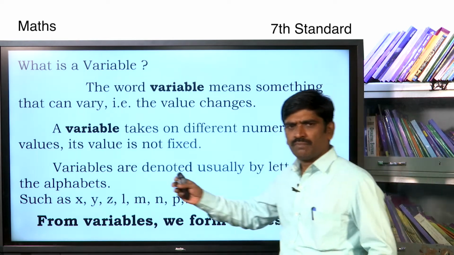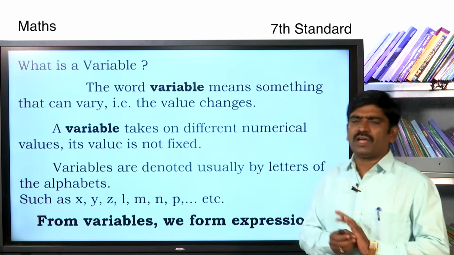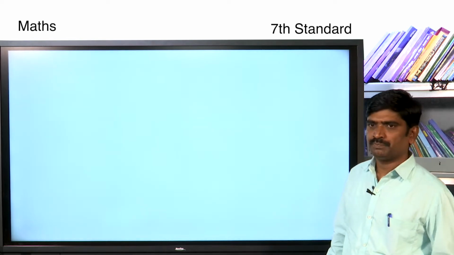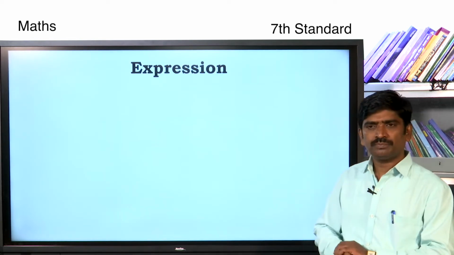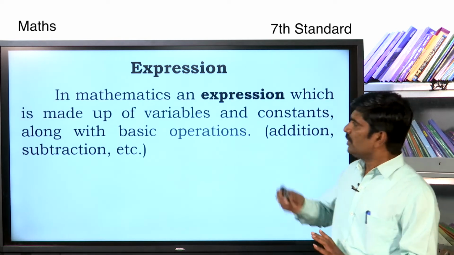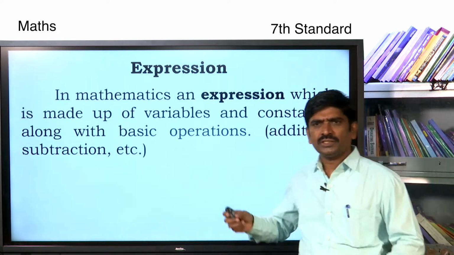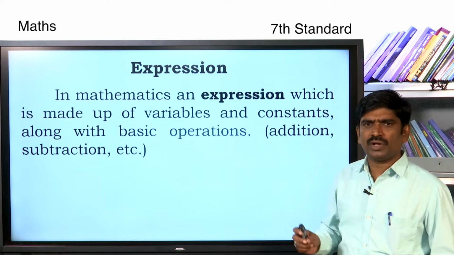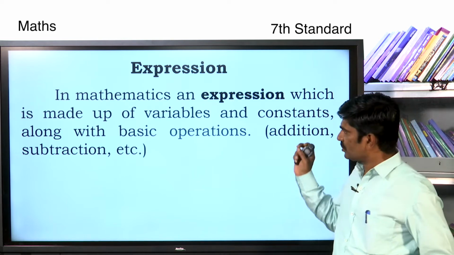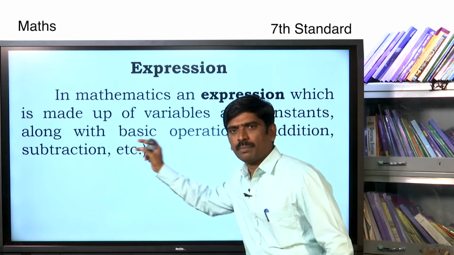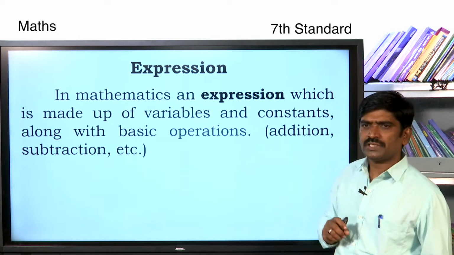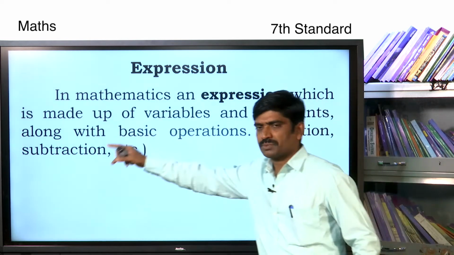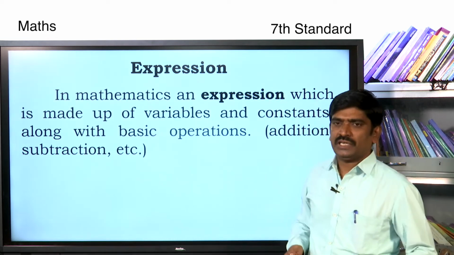Next, from variables we can form expressions. What is an expression? In mathematics, an expression is made up of variables and constants along with the basic operations. Which are the basic operations? Addition, subtraction, multiplication and division.